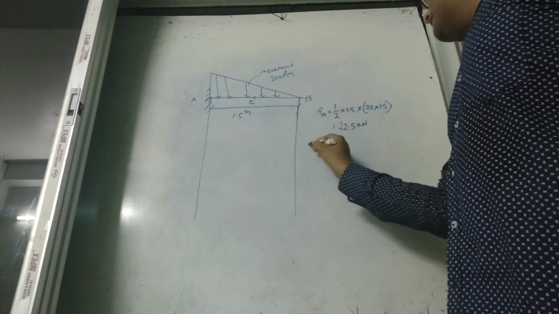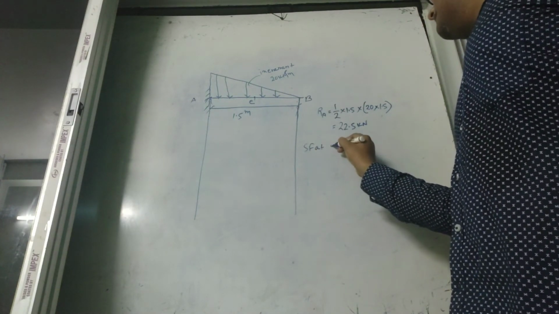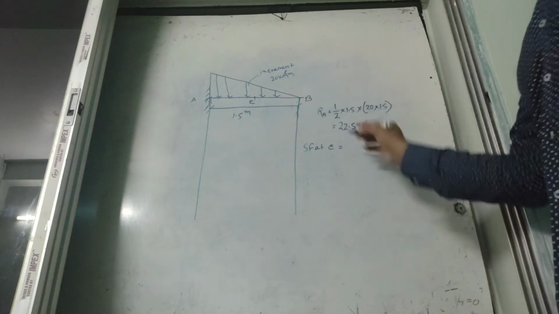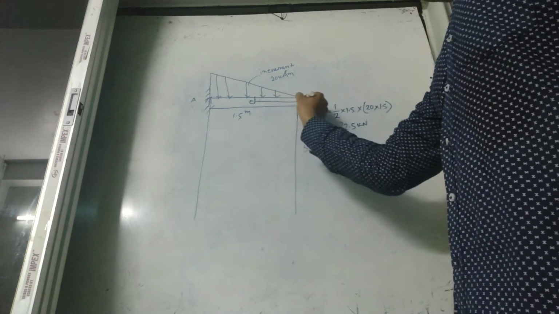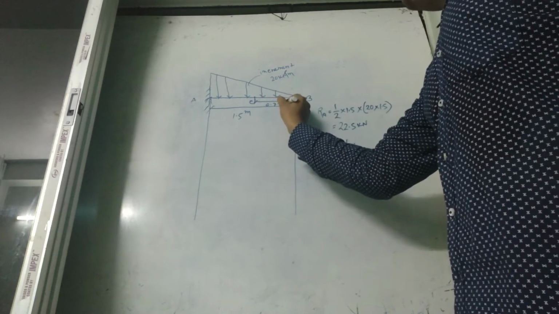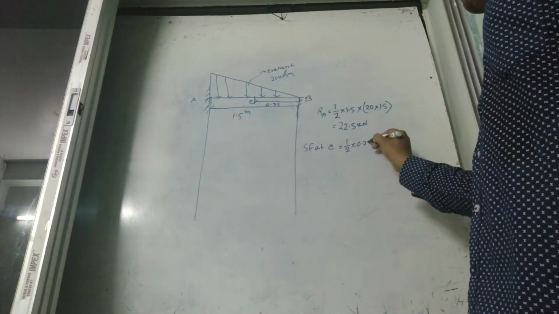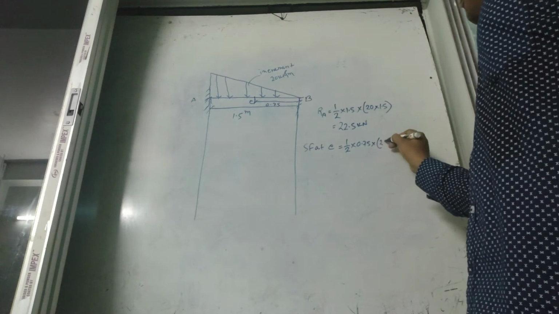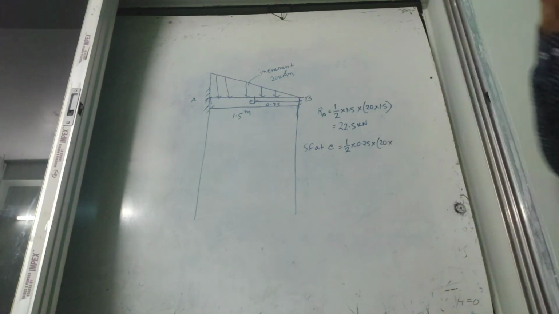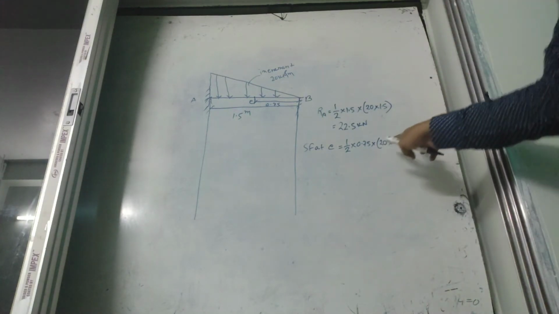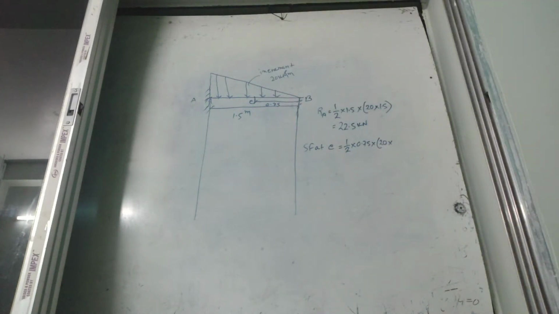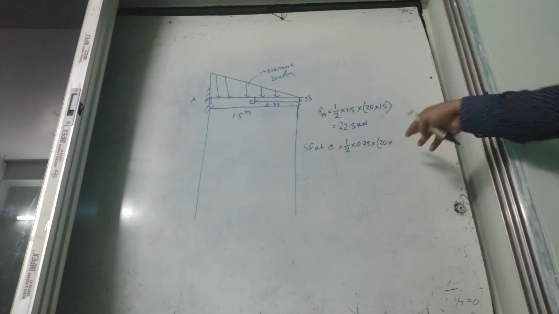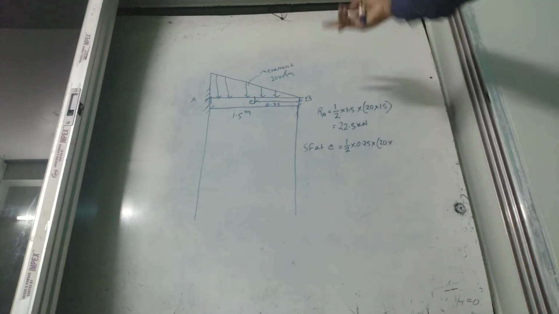So if we want to get the shear force at C, then with the same formula, half into base, the base is 0.75, because it is the middle point. Half into base into height. I told you the height is obtained by multiplying the length for which we are calculating the shear force with the increment load.